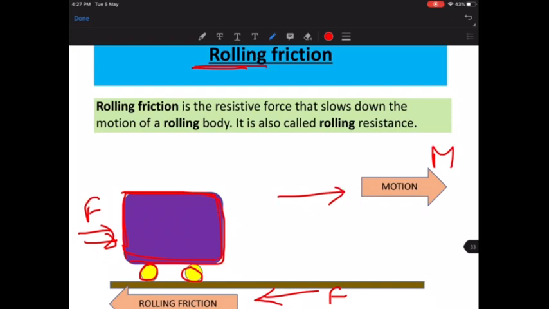It is called rolling friction because now this box is rolling against the ground, right? So what is rolling friction? It is a kind of resistive force that slows down the motion of the rolling body, and you can add that it is a kind of resistive force that exists between two bodies which are rolling against each other.